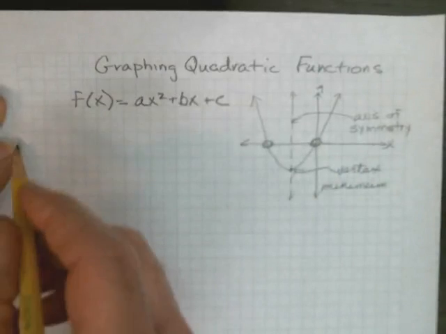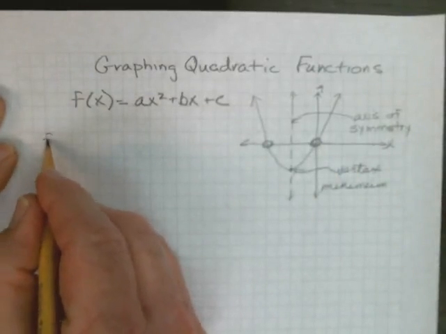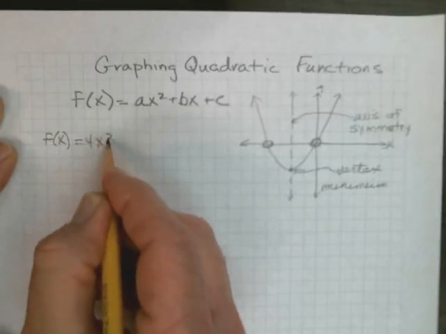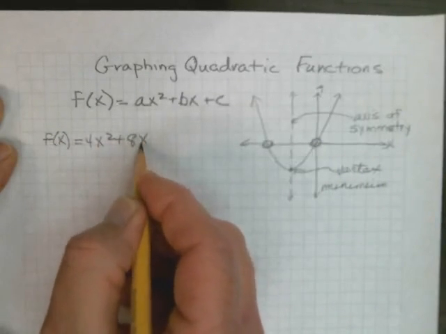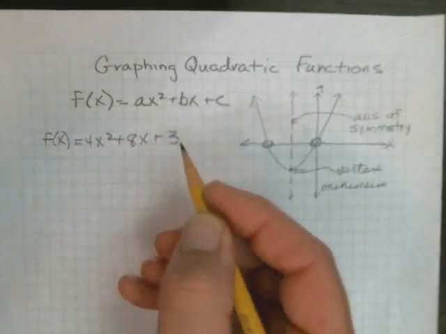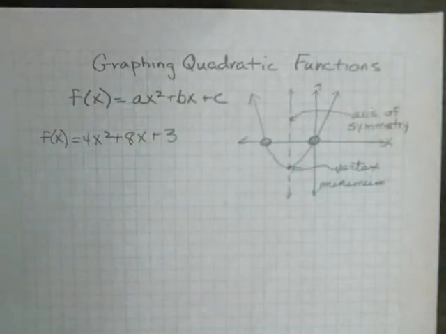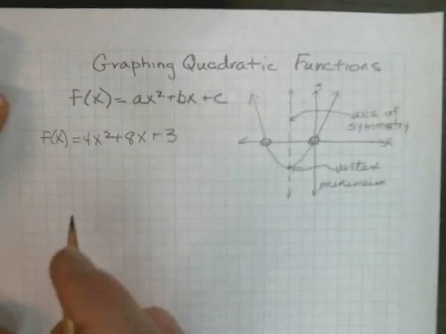Here's a sample. In this sample, I'm going to have f of x is equal to 4x squared plus 8x plus 3. And first I'm going to find the axis of symmetry.